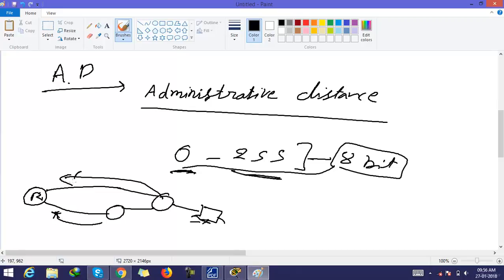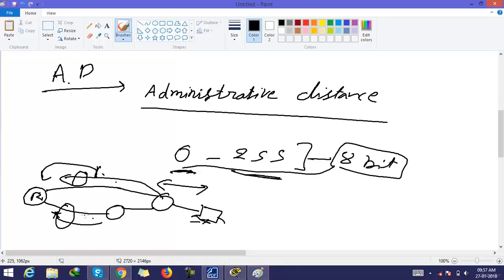It checks the AD for both routes. The lowest AD is preferable. If one of the advertised routes has a lower AD than the other, then the route with the lowest AD will be chosen and placed in the routing table of this router.